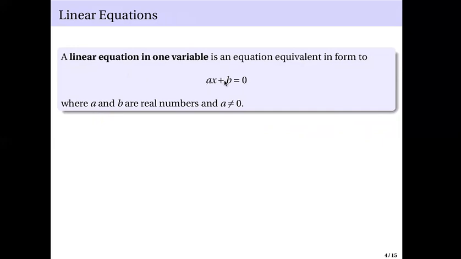So this ax plus b is a linear expression, and then we have equals and then 0. So this becomes a linear equation, where a and b are real numbers and a is not equal to 0. Of course, the linear equations that we will be working on later in the examples are not written immediately in this way.